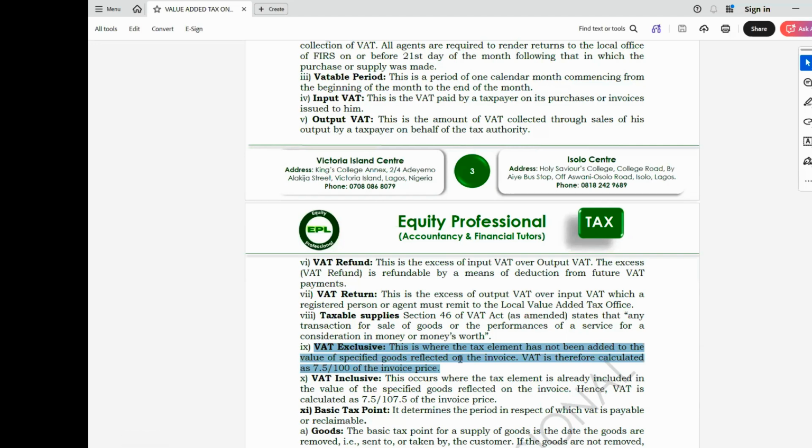In order to calculate your value added tax, it will be calculated at the rate of 7.5% of the invoice price, which is 7.5 divided by 100 multiplied by the invoice price, because the value added tax is yet to be included in the invoice price.